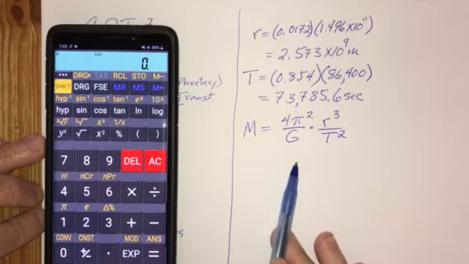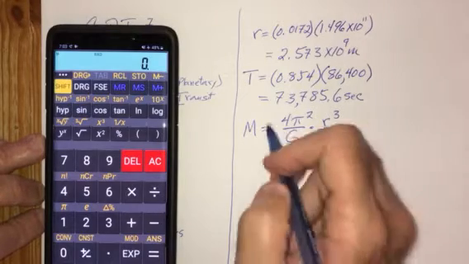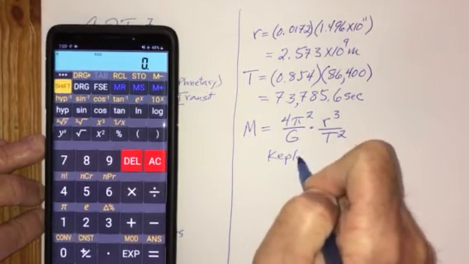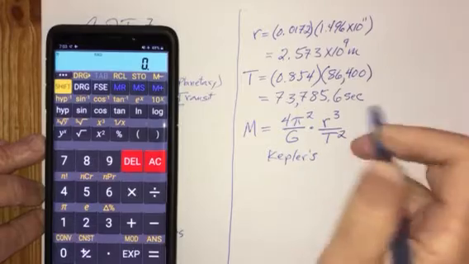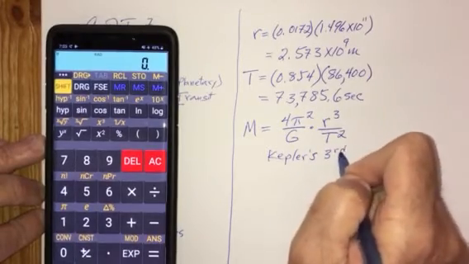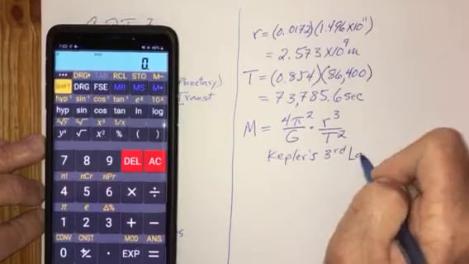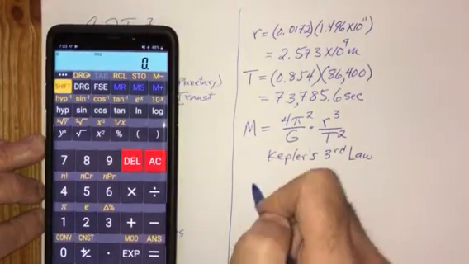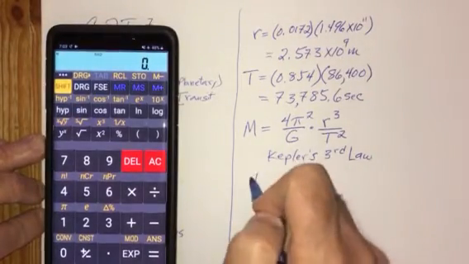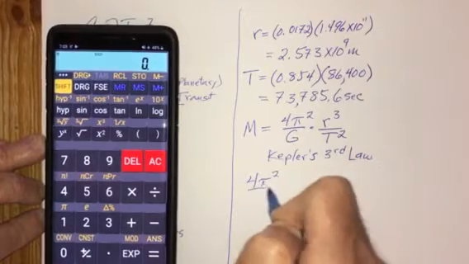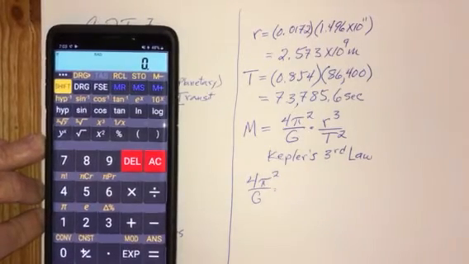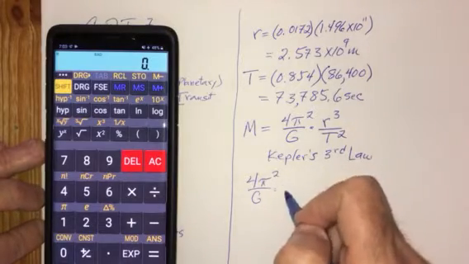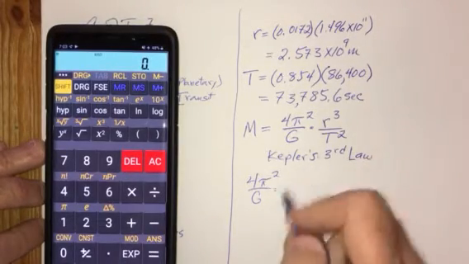Now this is a modified form of Kepler's third law. Okay, so first of all, let's calculate what 4 pi squared over G is, because we can use this over and over again in several of these stellar mass calculations.